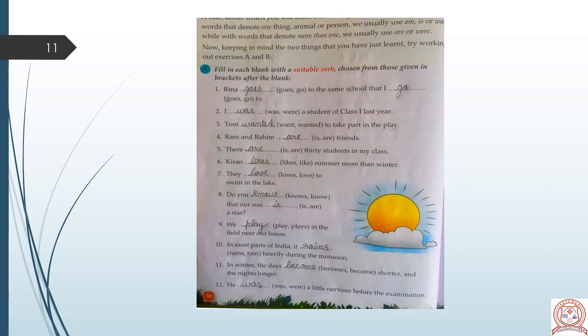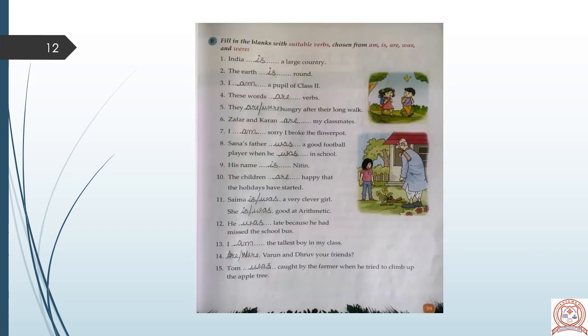He was a little nervous before the examination. Fill in the blanks with suitable verbs chosen from am, is, are, was and were. So students, here we have to use a suitable verb from these given words only.